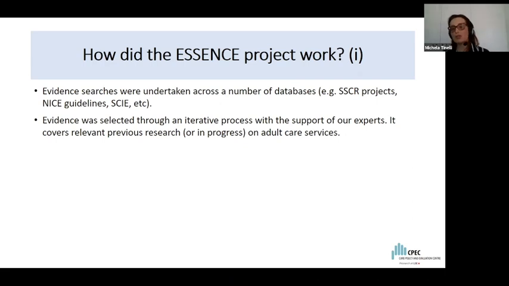This was an iterative approach, because we were supported by our experts throughout the process, and we consulted with them through our core advisory group. We were quite fortunate because we had different dialogues with different people, between researchers, experts, including local decision makers, commissioners, service providers, care practitioners, and all very much willing to help us in this process.